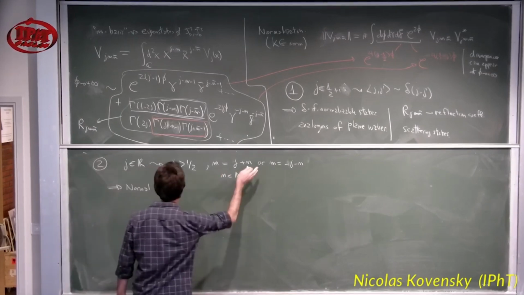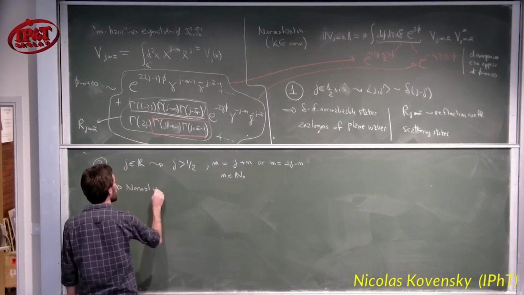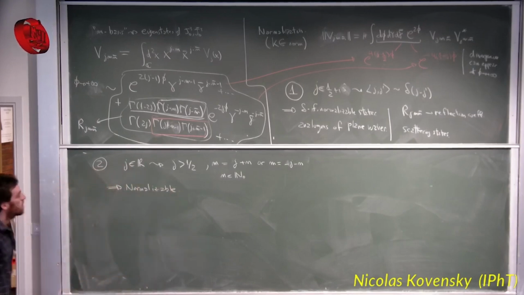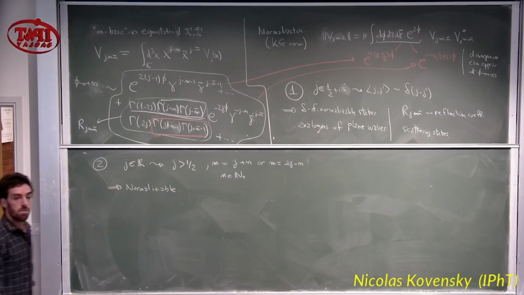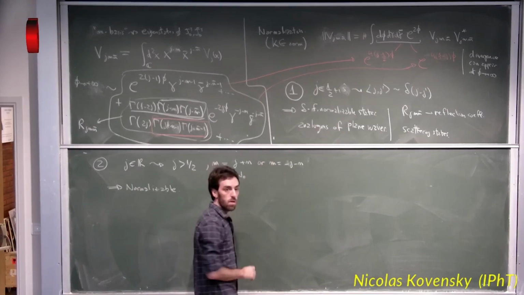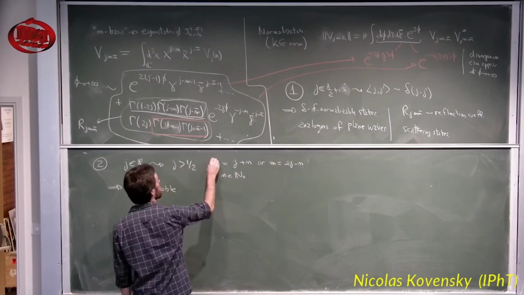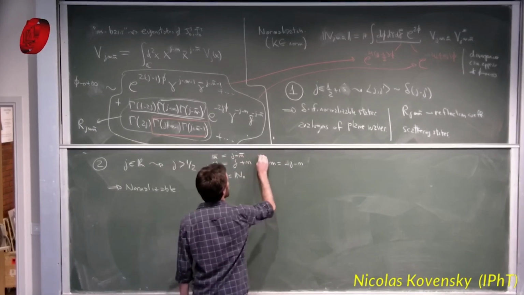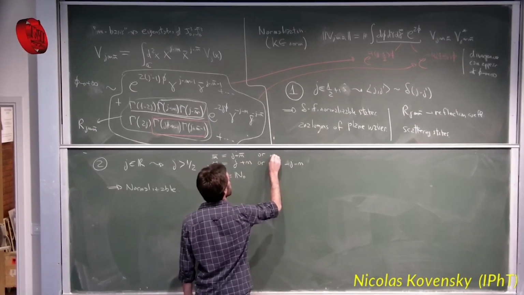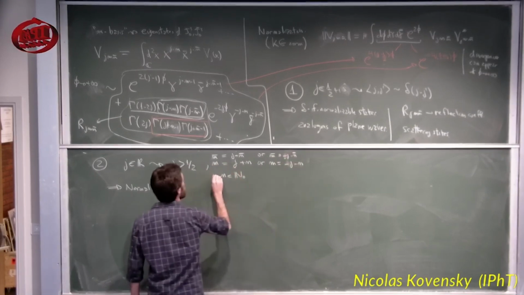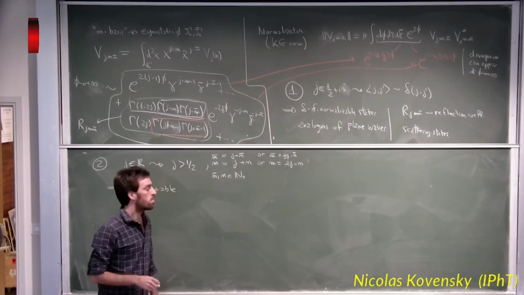I obviously need to do the same with m bar. M and M bar can be different. Yes, so the number here can be different for m and m bar. If you want, the real thing is this.